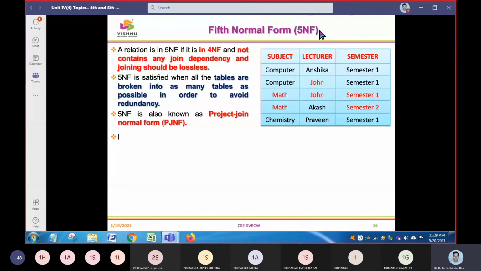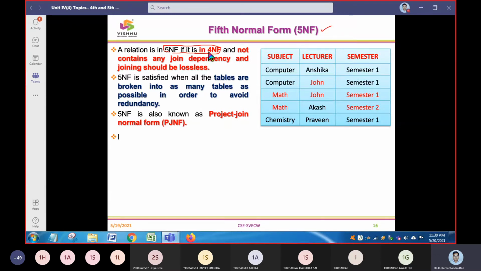Now, what is fifth normal form? We talked about fourth normal form, which eliminates the multi-valued attributes. Next comes the fifth normal form. In fifth normal form, what was the condition? It must be in the fourth normal form. This is the thumb rule.